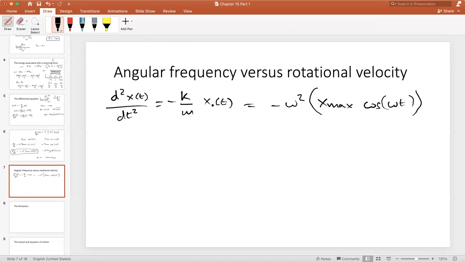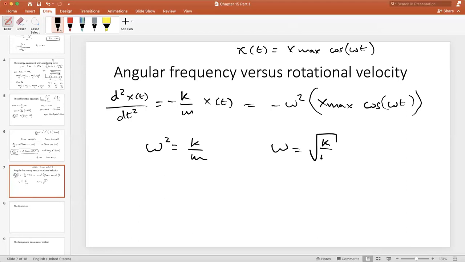This is obviously x max cos of omega t. So we're saying that this is x max cos omega t. And therefore, what we get is that omega squared is k over m, or better yet, that omega is the square root of k over m.